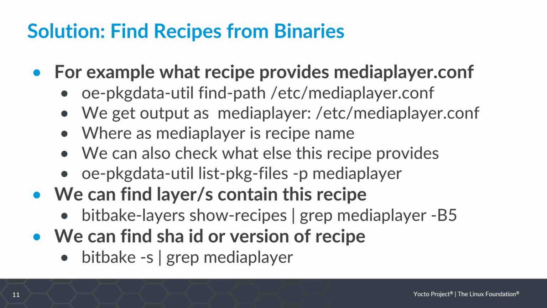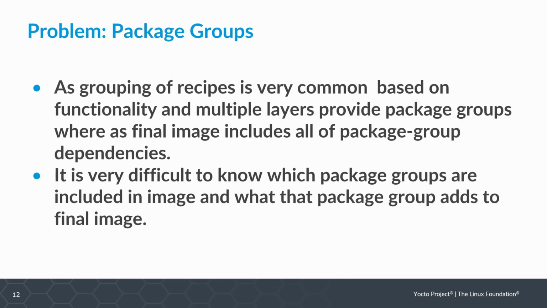We can also use Yocto like a bitbake -s option, to show revisions for this media player. It might give the version number, or we might also get the git commit for this particular recipe, which is very useful for debugging what particular version of a recipe we are using.